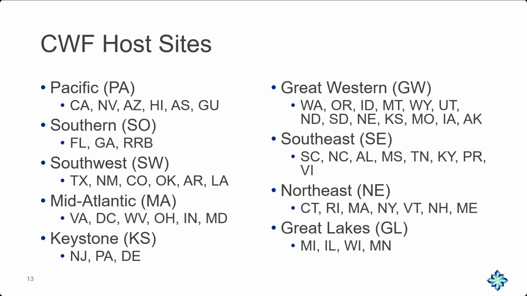So let's say a beneficiary is born and signs up in Iowa. Common Working File would assign the beneficiary to the Great Western host site. I just use Iowa as an example because that's where I am physically located.